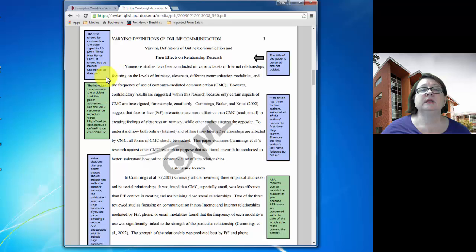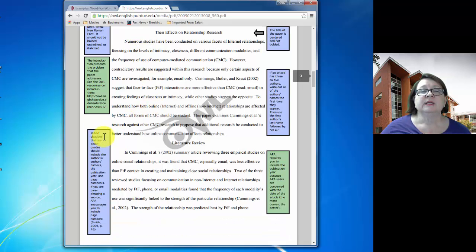So the introduction presents the problem that the paper addresses. It's the first part of an APA paper. However, they do not require you to have the heading that says introduction because they say that it's obvious. Okay. It does tell you that in-text citations that are direct quotes should include the author's name, the publication year, and the page numbers.